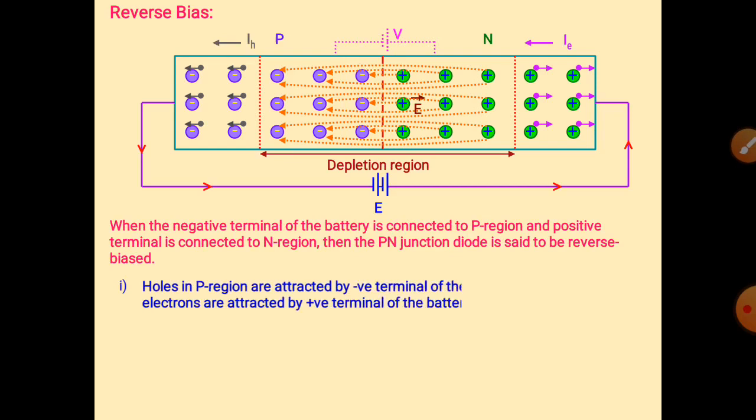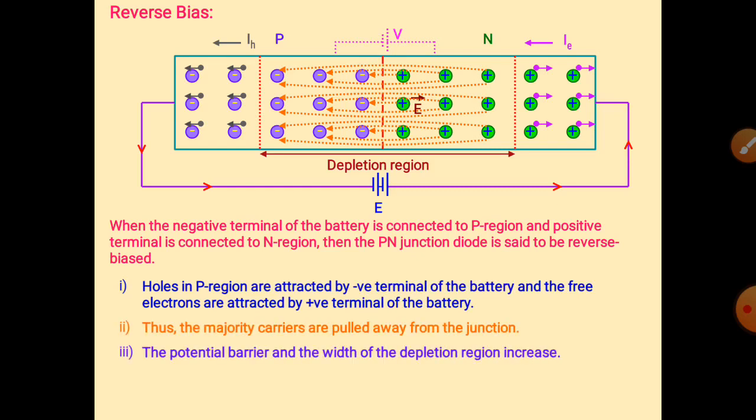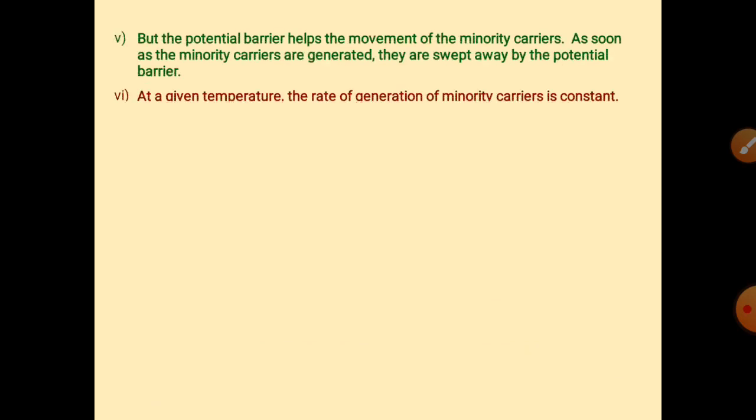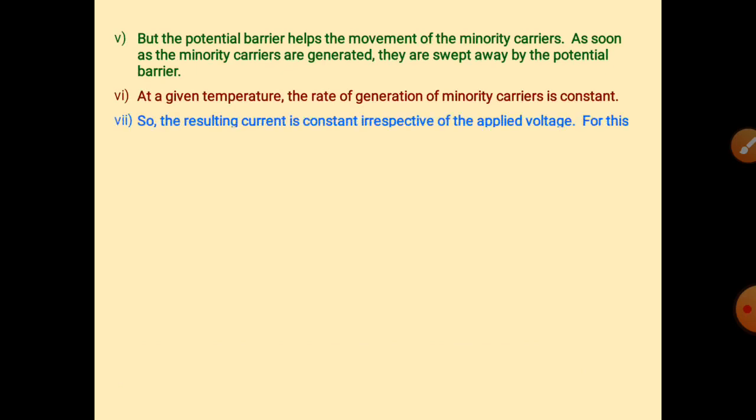Earlier we discussed forward bias, where the depletion region is smaller than the reverse bias depletion region, right? So now in this reverse bias, electrons can't move easily from N type of semiconductor to P type of semiconductor.